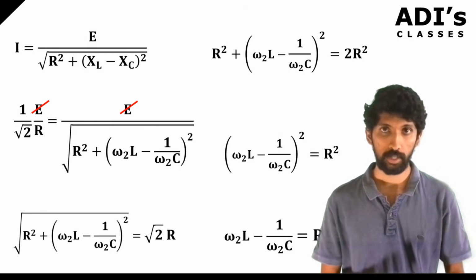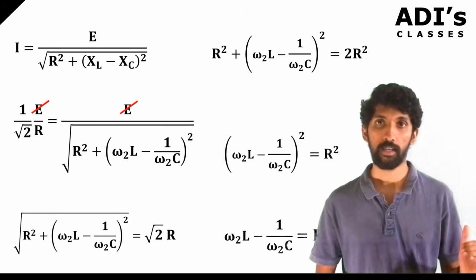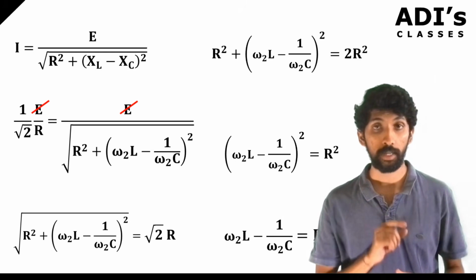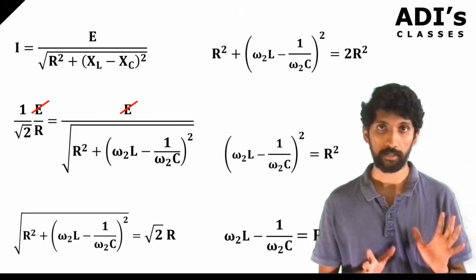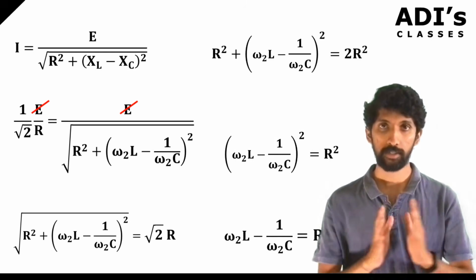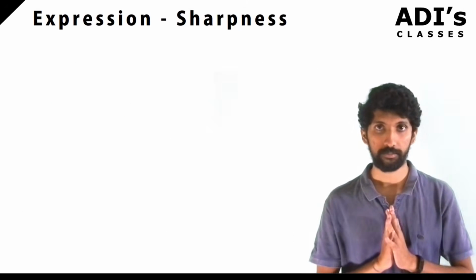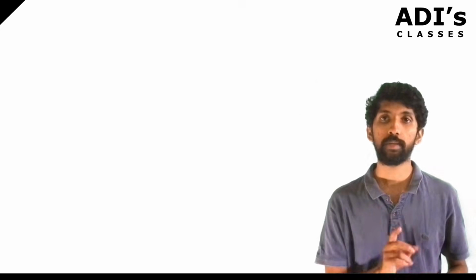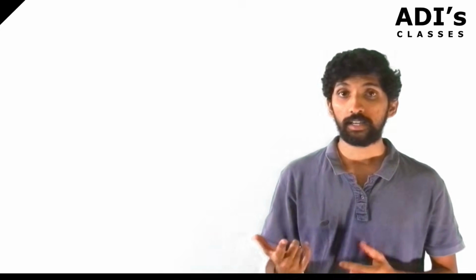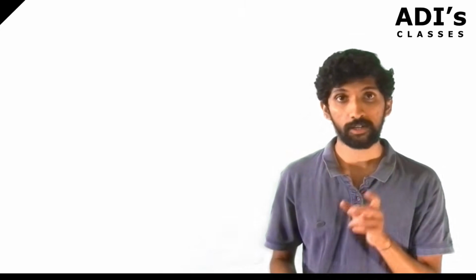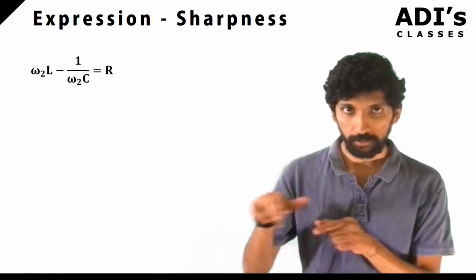Now if you take the square root, you will get omega 2 L minus 1 over omega 2 C is equal to R. Okay, so far you guys are with me? So we are just taking the square root and then we are getting the expression, right? Now what was omega 2? We substituted that as omega naught plus delta omega, correct? So substitute that here.